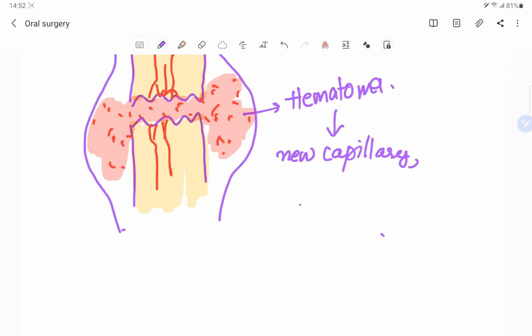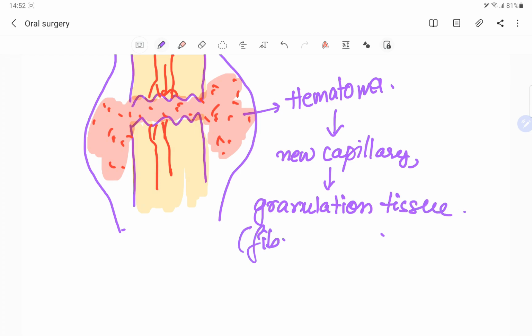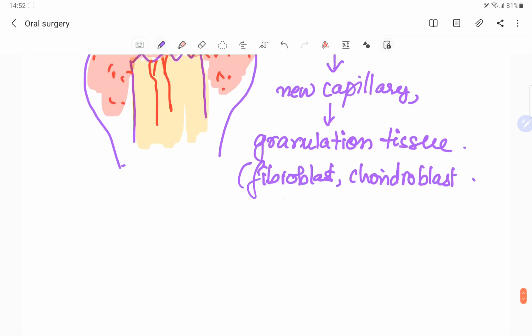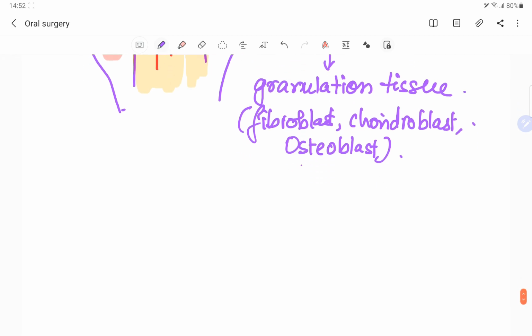Then there is a meshwork of the granulation tissue. So there is granulation tissue which is formed, which consists of fibroblast and like chondroblast, osteoblast, and this particular, not condition, this is a fibrocartilage callus.